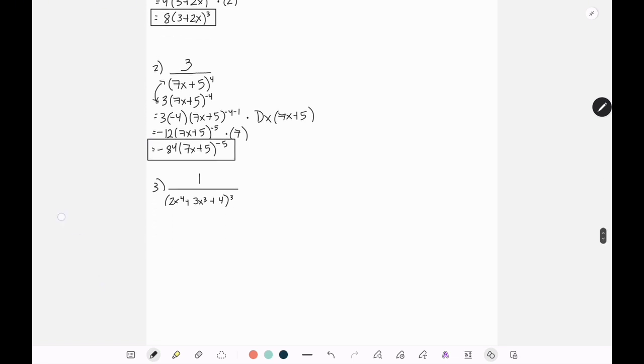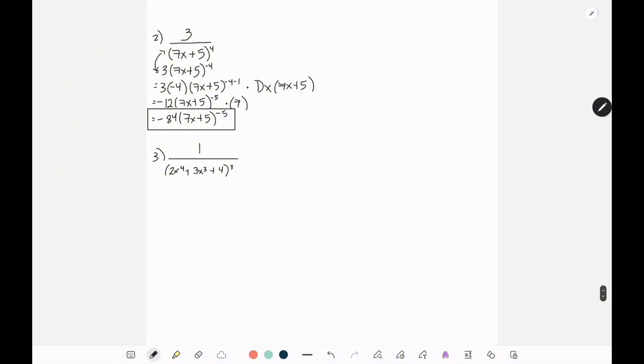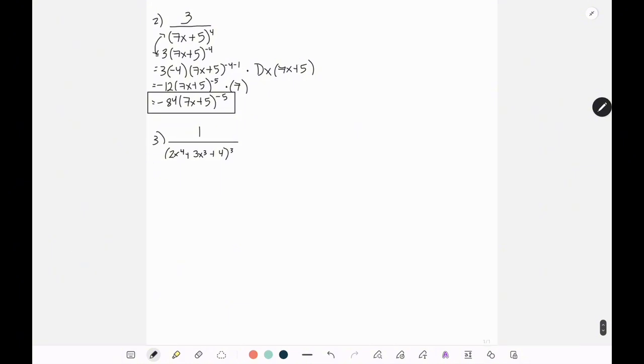So, next naman is we have this one. So, medyo mahaba-haba na siya, no? So, fraction form ulit siya. Okay? So, again, ta-transform natin siya katulad ng ginawa natin kanina.